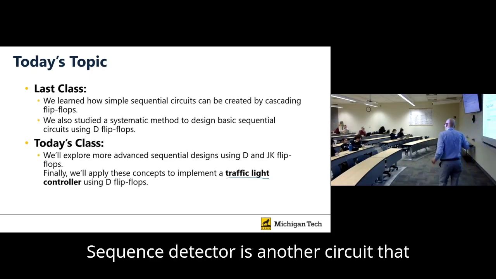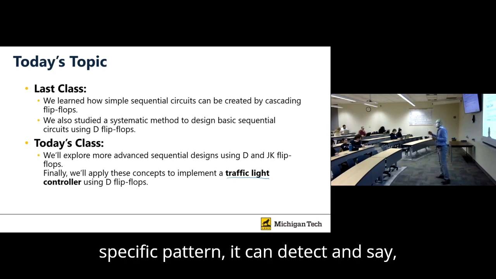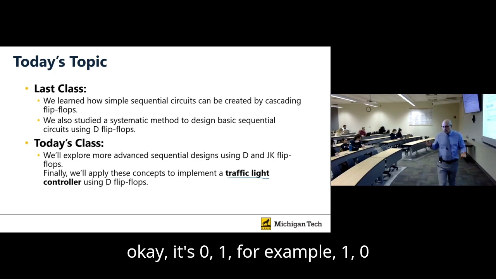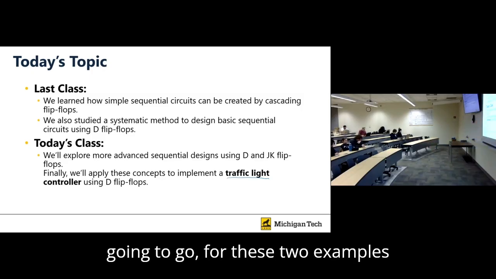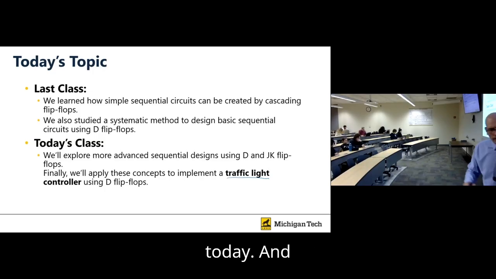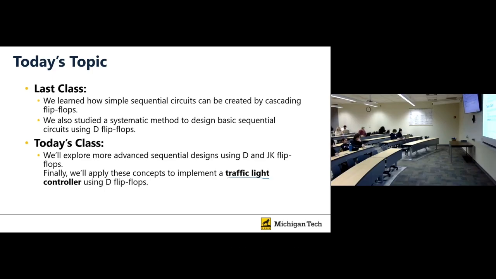A sequence detector is another circuit that, when input is coming, can detect if there is a specific pattern, say 0, 1, or for example 1, 0. We're going to go through these two examples today and do all of these steps one by one for both. Okay, let's get started.